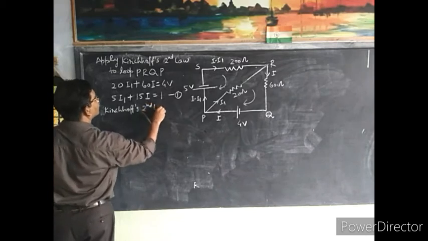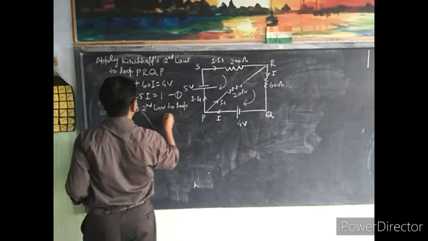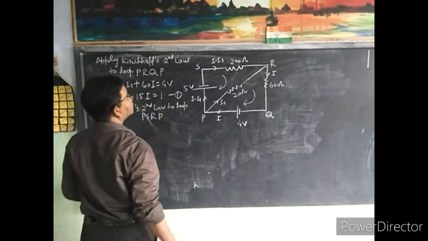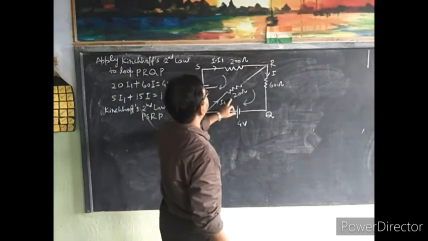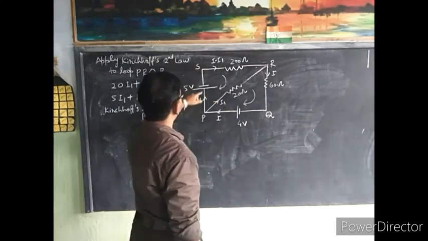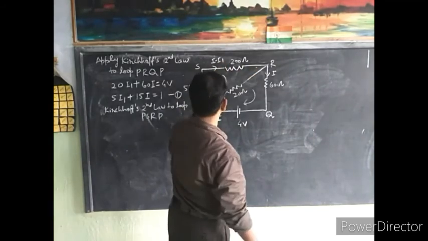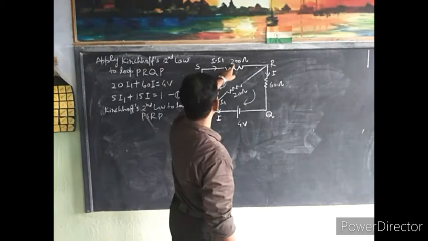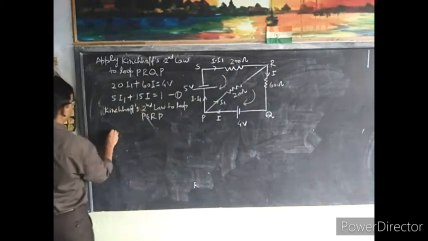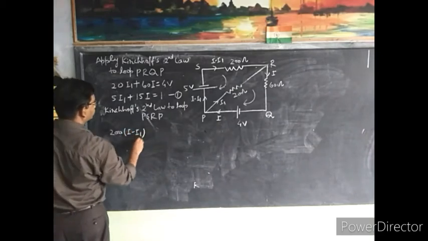We will apply Kirchhoff's law in PSRP: 200 (I minus I1).